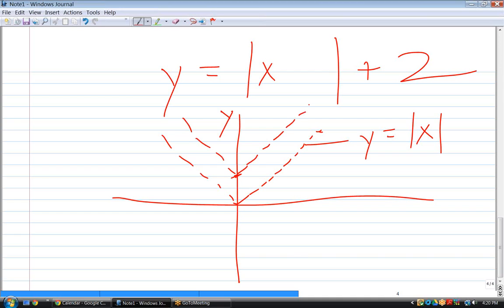Doesn't become thinner or flatter. It's just a vertical shift because my number is being added outside the function. Notice that the other 2 is inside the function. This number is outside the function. Numbers outside the function are vertical shifts.